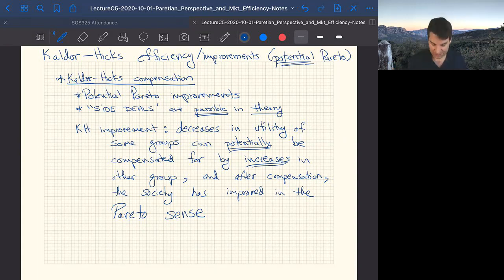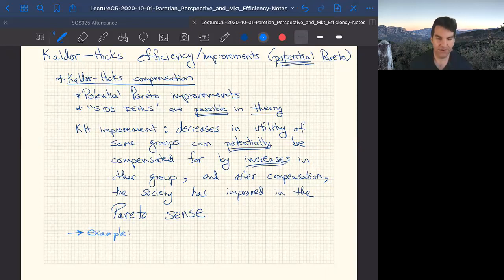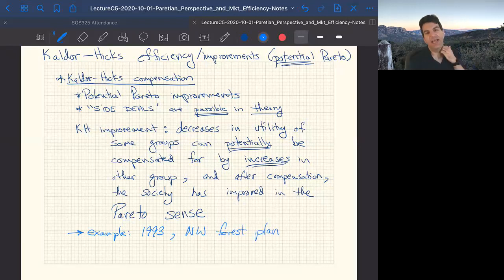So this has happened. There's an example, and I'm pretty sure this comes out of your book, from 1993: the Northwest Forest Plan. In this case, they wanted to make a reduction in the allowable amount of timber harvest in order to protect an endangered owl.